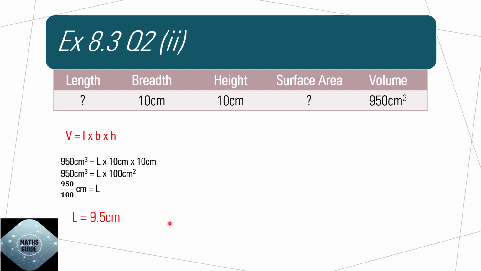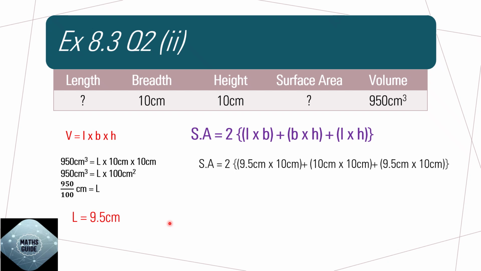Now the length is also known. Now we can easily find out the surface area of this cuboid. The surface area formula is length into breadth plus breadth into height plus length into height, multiplied by 2. Let's put the values.